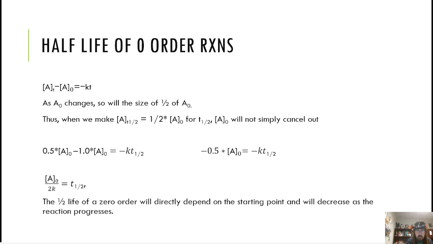The half-life is constantly decreasing, because each time we go through a half-life, it's just like if it takes an hour for 50% to decay, it's going to take 30 minutes to decay from 50 to 25, and then 15 minutes to decay from 25 to 12 and a half, and it's going to keep dropping like that, because it does not directly depend upon the concentration of A.